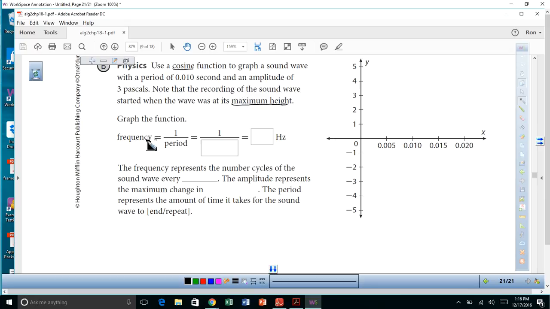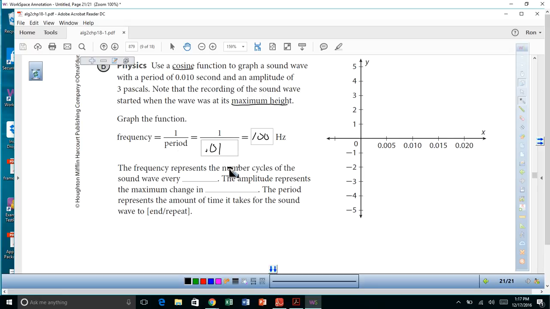So graph the function. The frequency is 1 over the period, a period of 0.01. Put that in your calculator and you get 100 hertz.